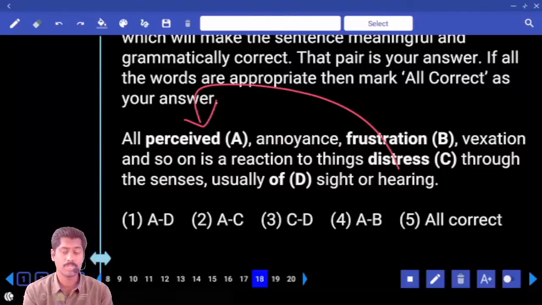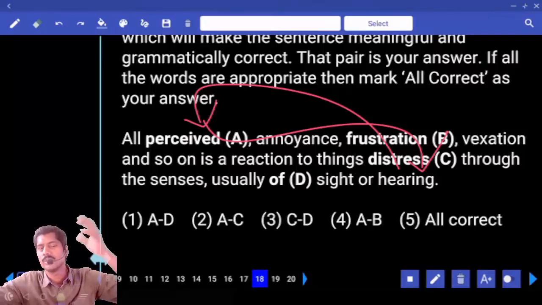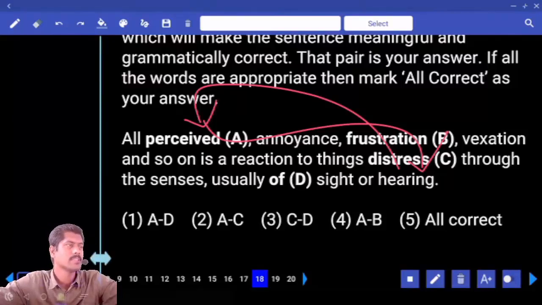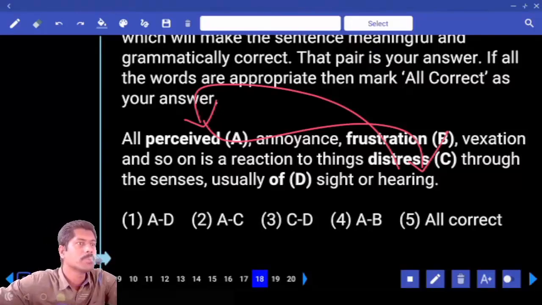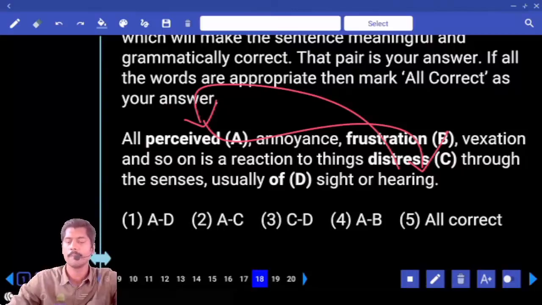All distress, annoyance, frustration, vexation, and so on is a reaction to things perceived through the senses, usually of sight or hearing. Can you understand? If anybody has frustration, we perceive, means we receive through sight, means looking or hearing. If somebody is angry, in frustration, in depression, in annoyance, we look at that person and we decide, this fellow is in frustration, this fellow is in irritation, like that. Answer A, C, C, A, second option.